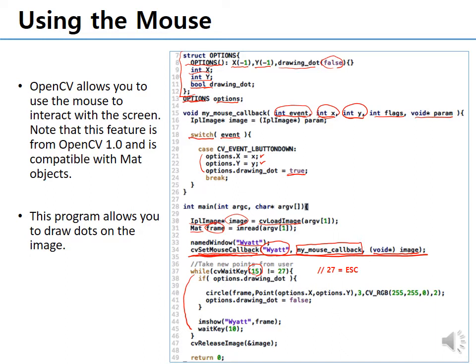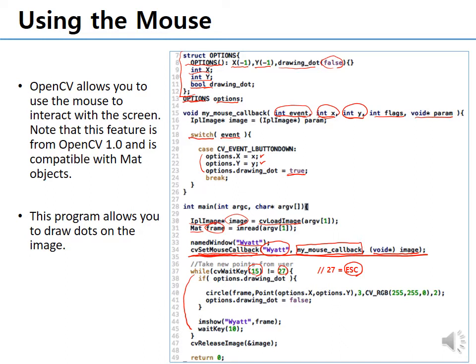So when the keyboard input is not 27, that means 27 is the escape button. So they do not press the escape button, they keep doing this. So when you want to exit this while command, you should press the escape button.